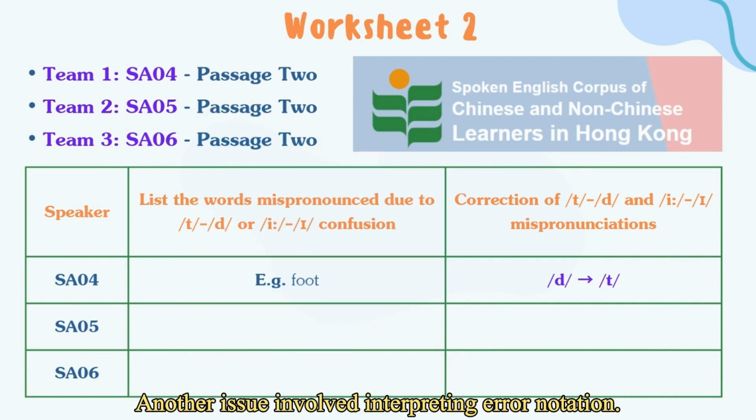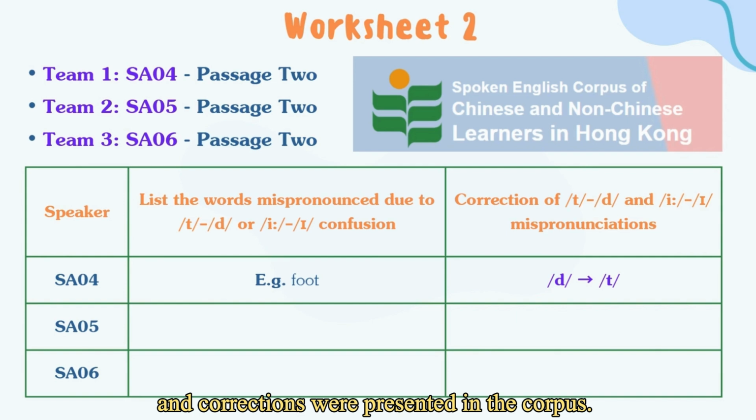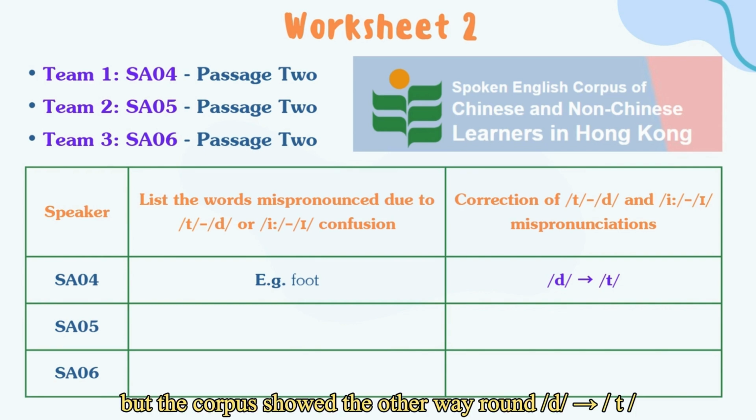Another issue involved interpreting error notation. Students were often confused by how mispronunciations and corrections were presented in the corpus. For instance, in the phrase foot of the mountain, the expected t becomes d, but the corpus showed the other way around.